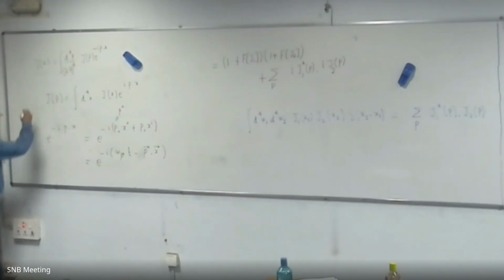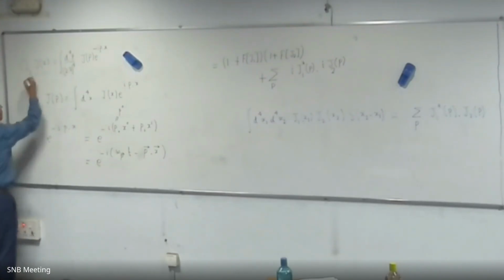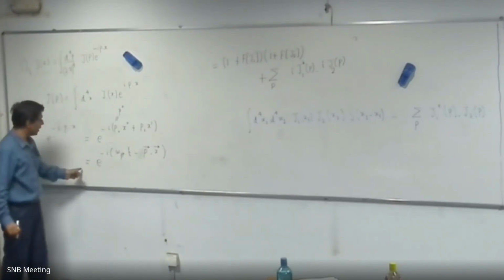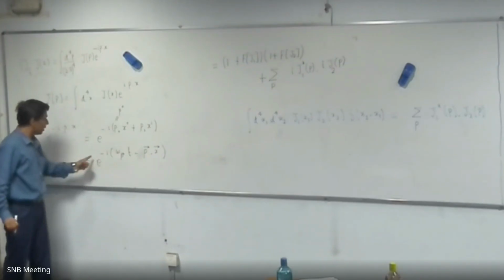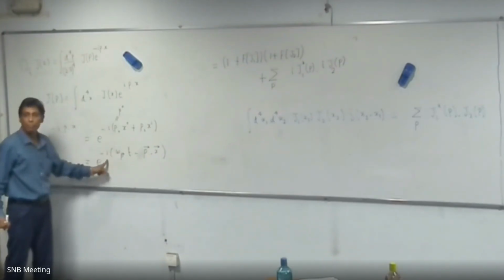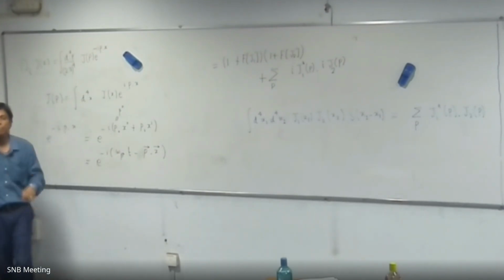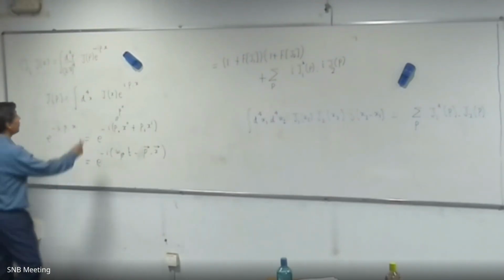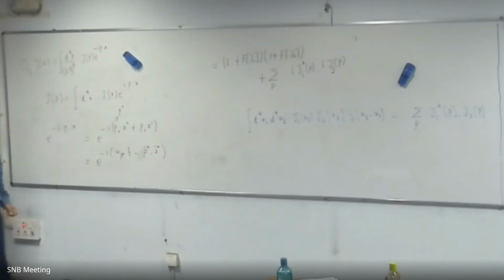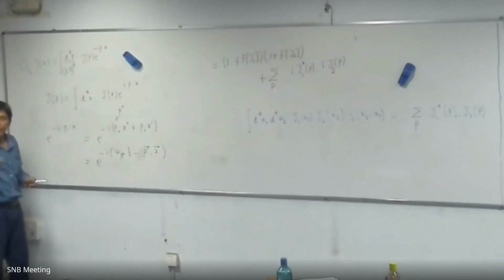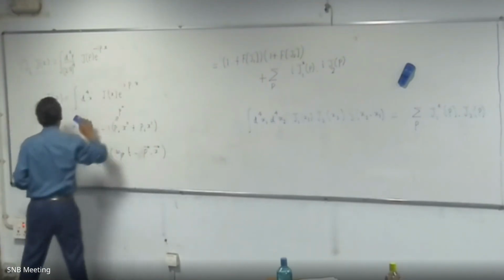Quantum mechanics: operate with i del del t on both sides. If you operate with i del del t, what will you get? i del t will give you a minus i omega p. So minus i times minus i is 1. So you will get positive energy omega p. So that is why I'm using this convention. It's positive energy. So the plus term with this signature would be negative energy. I don't want to do that.